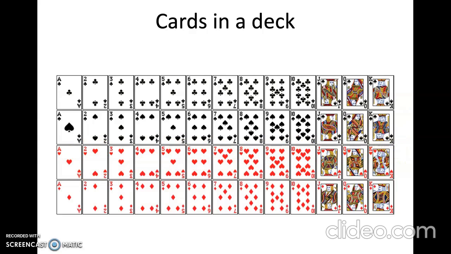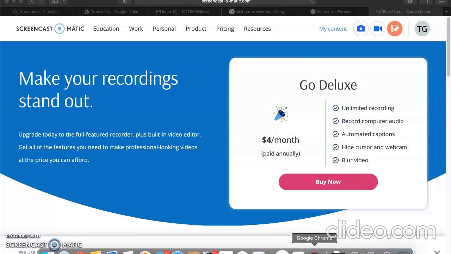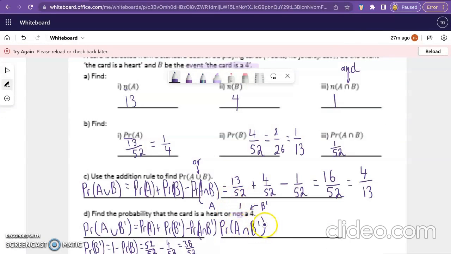So back to our questions. Because there was only one 4 in the hearts, there was 12 hearts that were not a 4, the probability of A intersect not B, well, that was 12 out of 52.